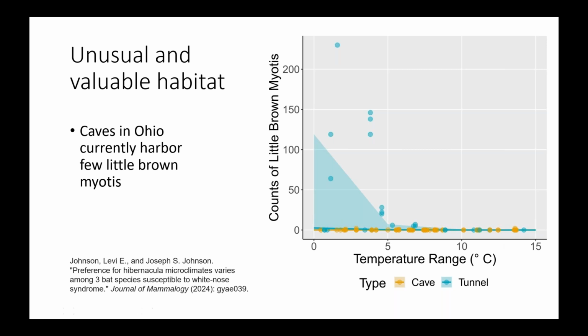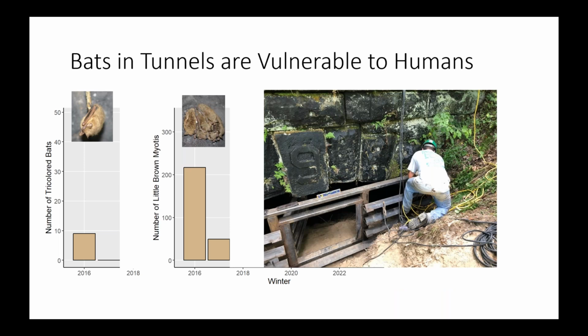And the numbers of bats that we were finding with Chris's help in some of these early explorations into railroad tunnels was just something we weren't seeing in any quote unquote natural habitat here in Ohio. That is to say, caves harbored very few bats, such as the little brown bats, but these railroad tunnels were these really unique habitats that seemed to be the only places these species were able to survive.